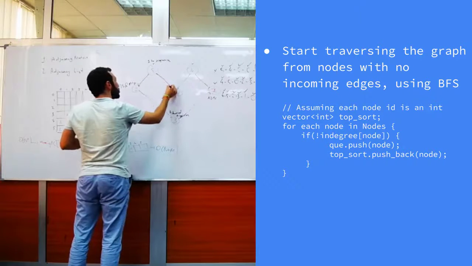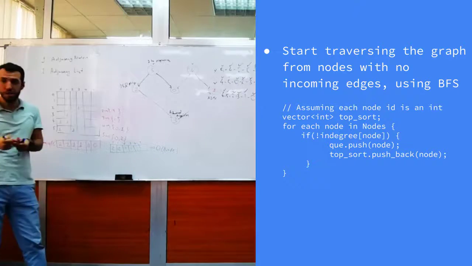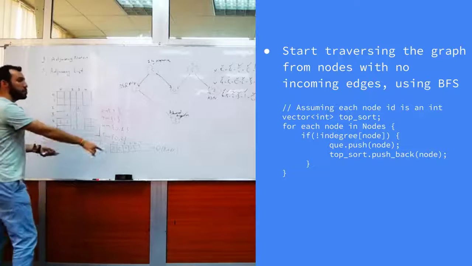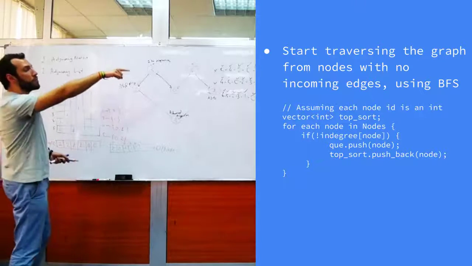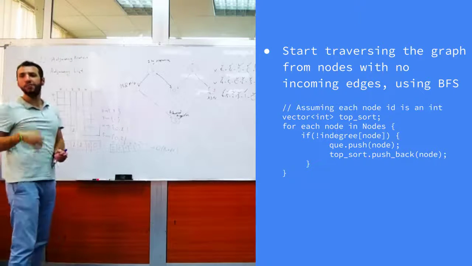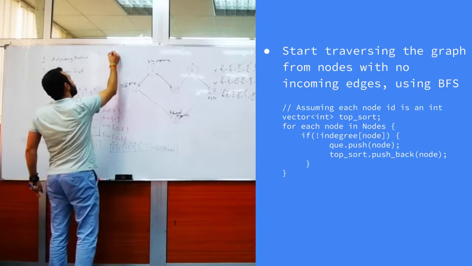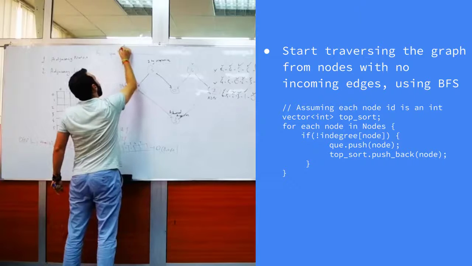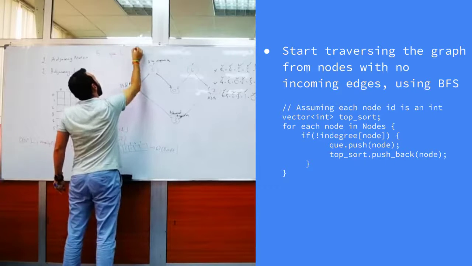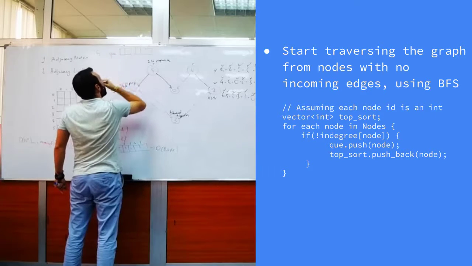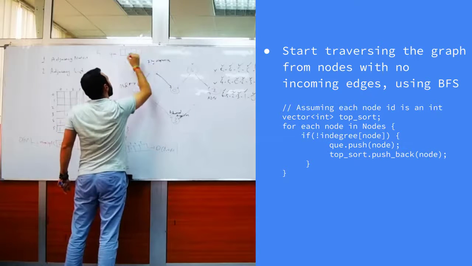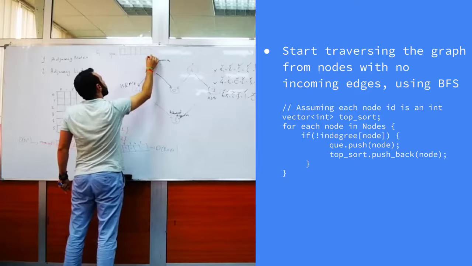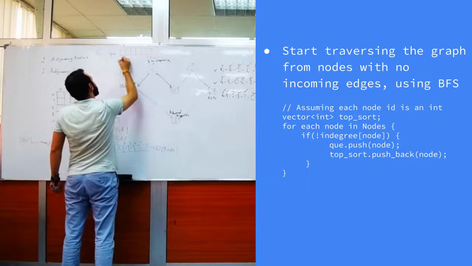So this was just a conceptual thing, we are not going to delete the edges. But now that we calculated these, after we execute this code piece, let's say this is our queue, this is front, and this is end.